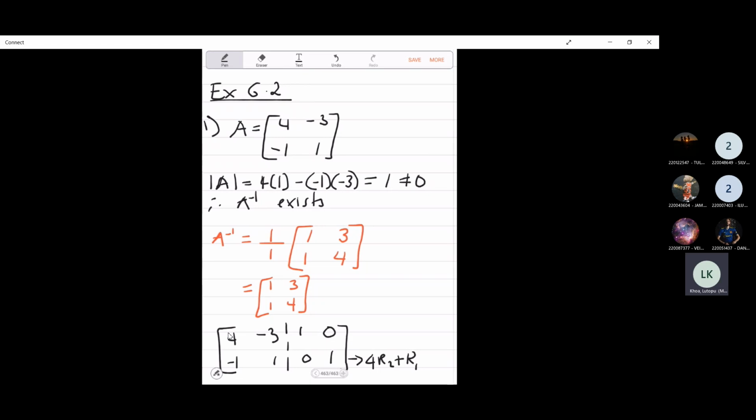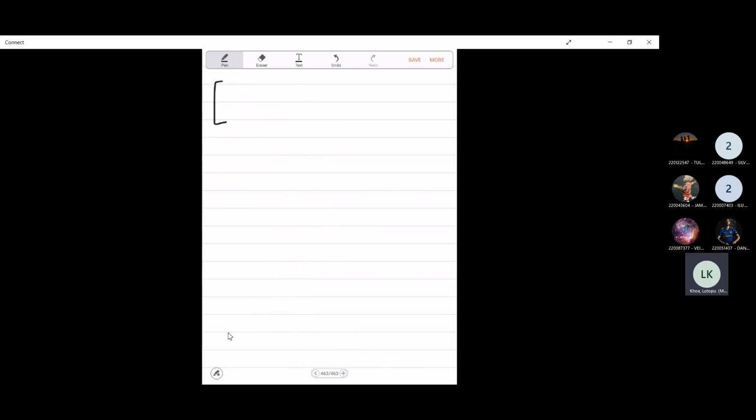So the first row doesn't change. I have 4, minus 3, 1, 0. Then minus 1 times 4 is -4 plus 4 is 0. Then 1 times 4 is 4.